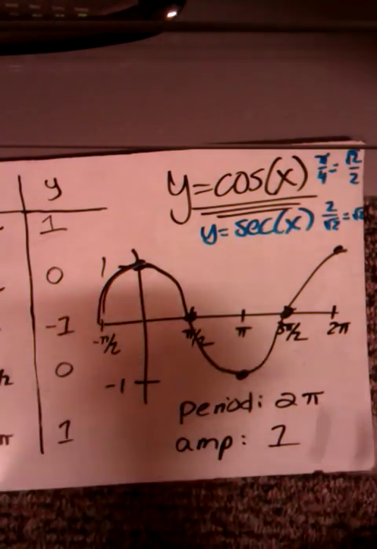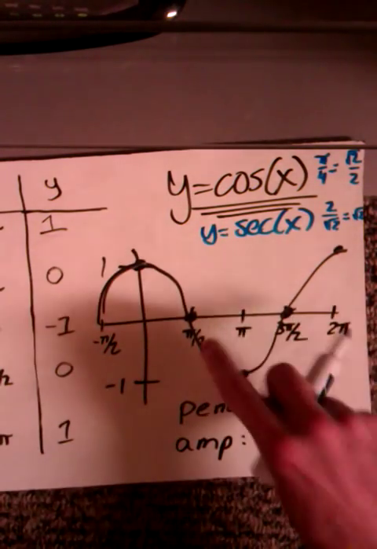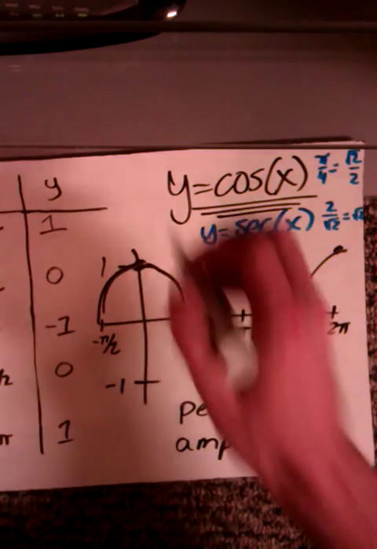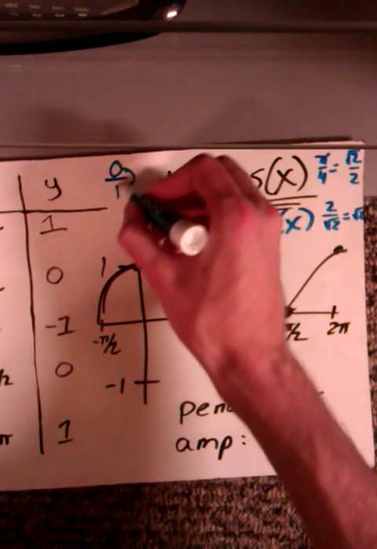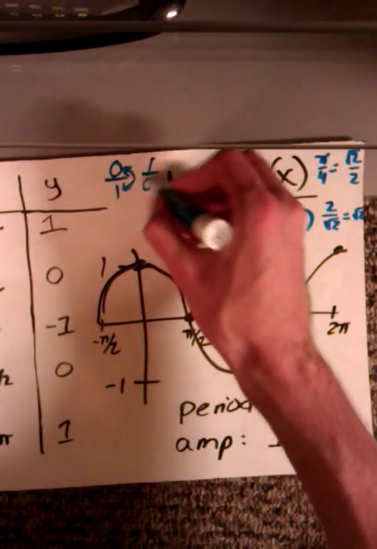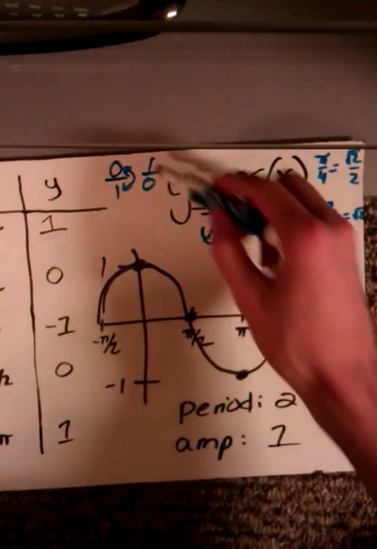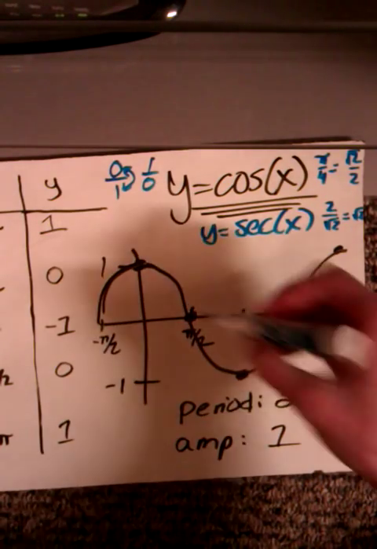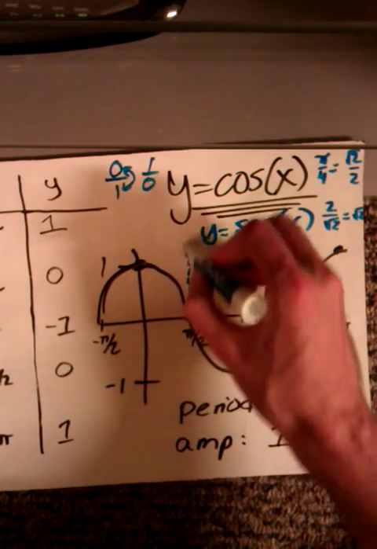So what happens is we can actually flip all these y values upside down also. So for example, where cosine is 0, we usually write that as 0 over 1. If I flip that upside down, I'm going to get 1 over 0, which, as you've been told over and over again, you can't divide by 0. So where cosine is equal to 0 on our graph, we're actually going to have an asymptote.